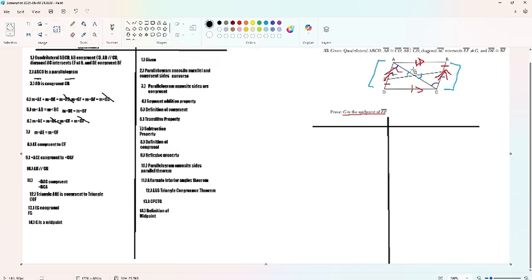Quadrilateral, parallelogram. It's a parallelogram. AD congruent to CB. Oh no, this is not measure of angle AE.